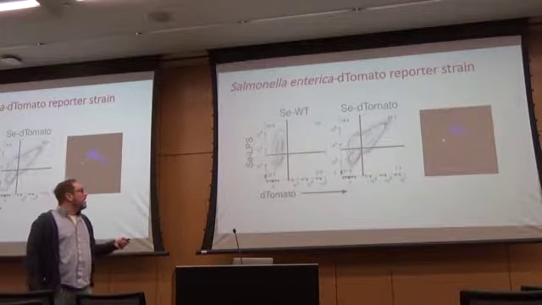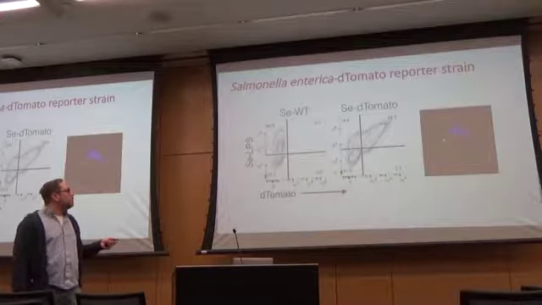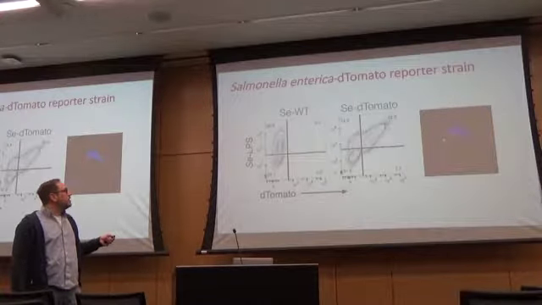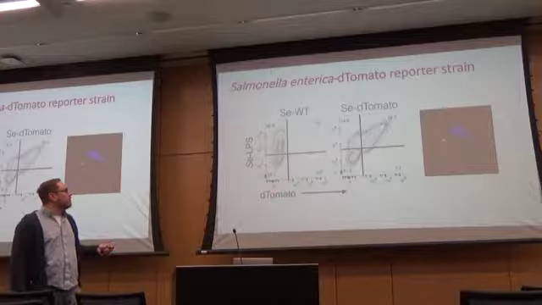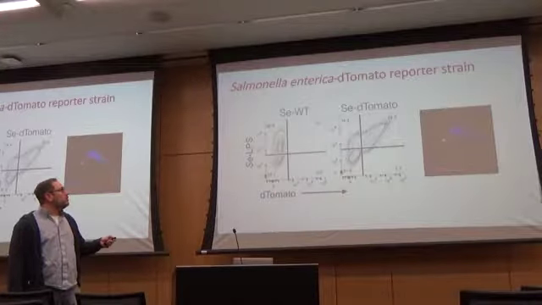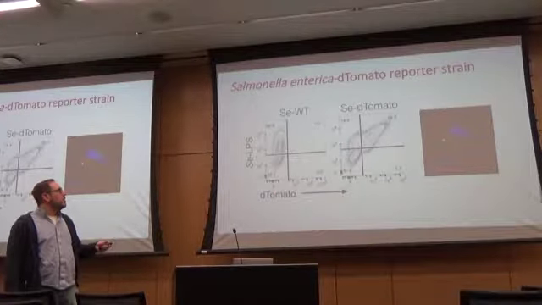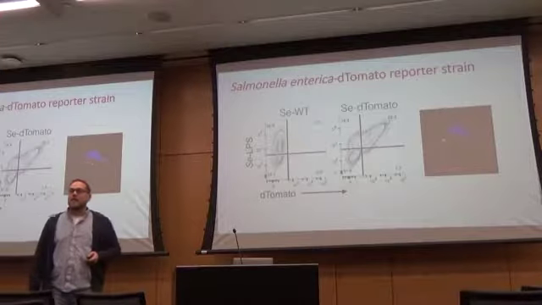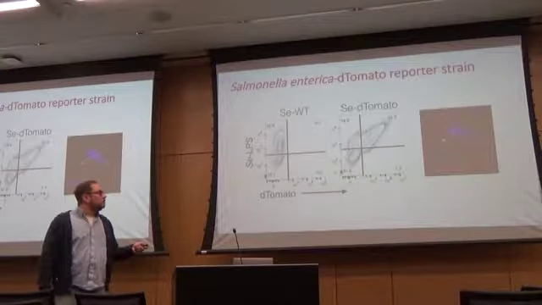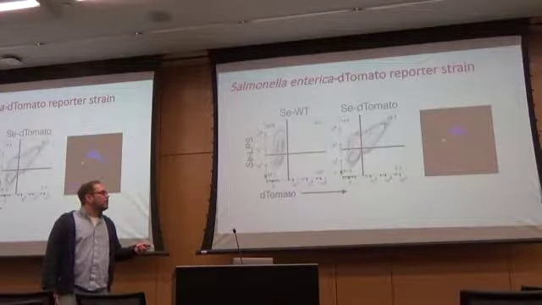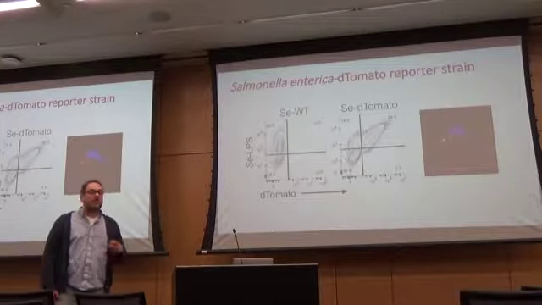infection. And from these flow cytometry plots, we can see that when you stain with the lipopolysaccharide LPS from Salmonella, you get a strong signal in wild-type infected macrophages with no tomato signal. But when you use our reporter strain, you get this nice increase in red fluorescence. And you can see a micrograph here. This is a macrophage from an infected mouse.